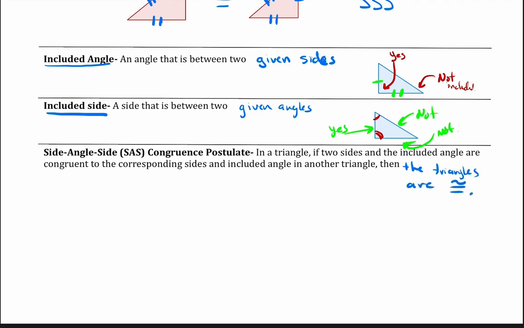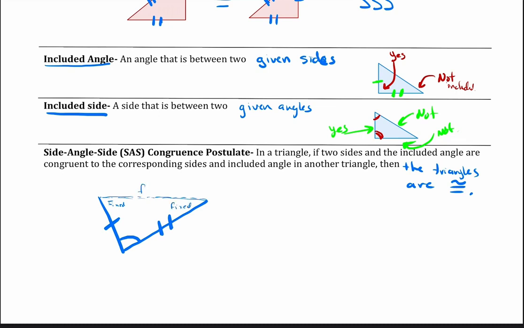So visibly what this means is that if we have one side here and another side here, and we know that this is the side and this angle, then this third side, you can only have one side that'll make that work. There's only one angle that will work here. There's only one angle that will work there.